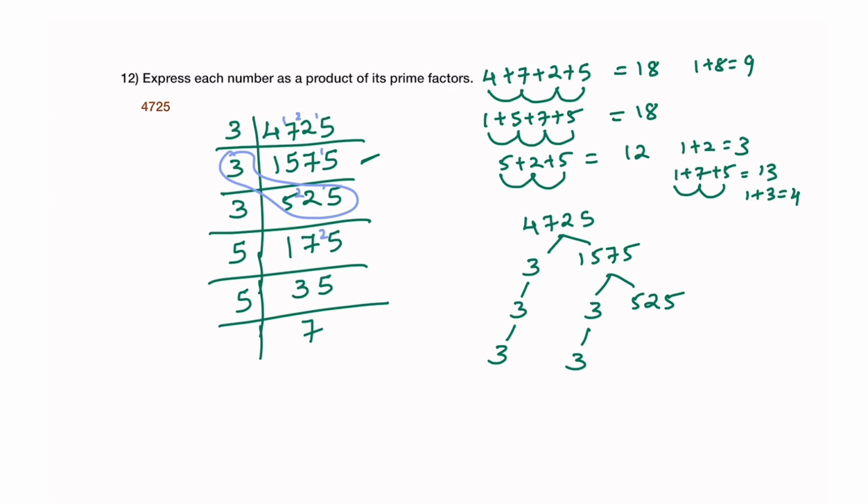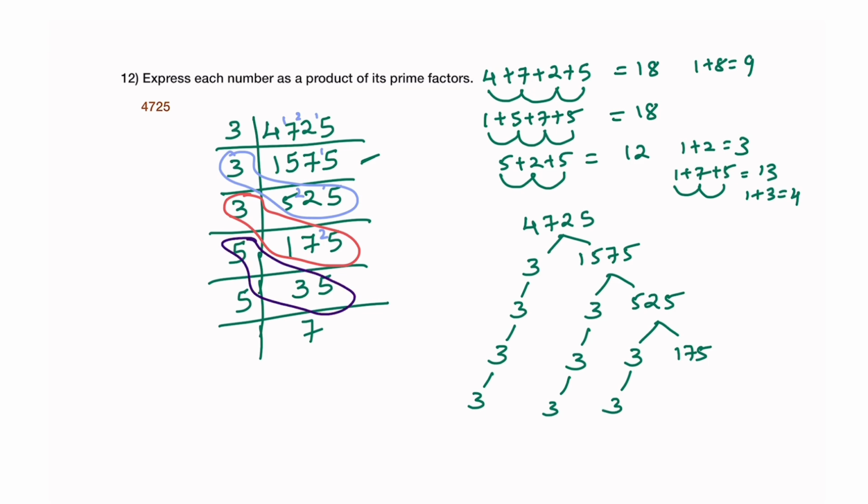And now we take the next combination, which is this one. Okay? Because that 175 times 3 gives us 525. So we write this as 3 times 175, this 3 as it is, 3 as it is, 3 as it is. And now we take the next one.